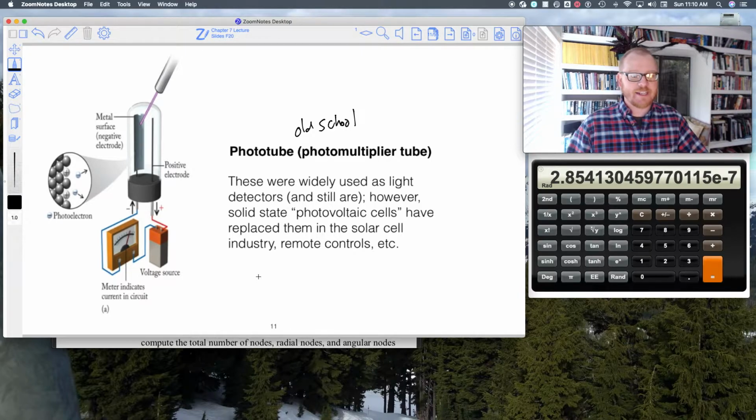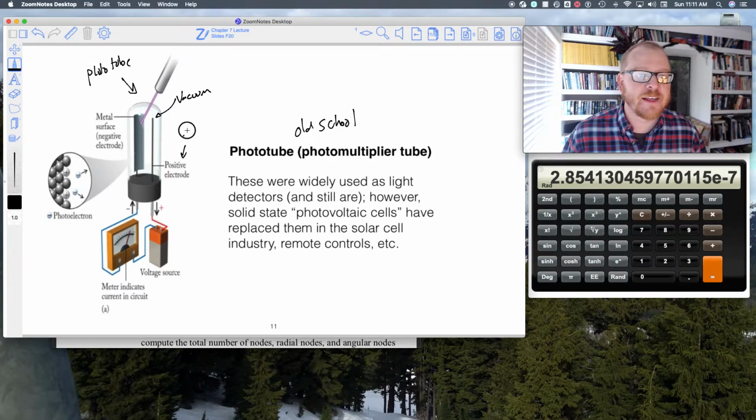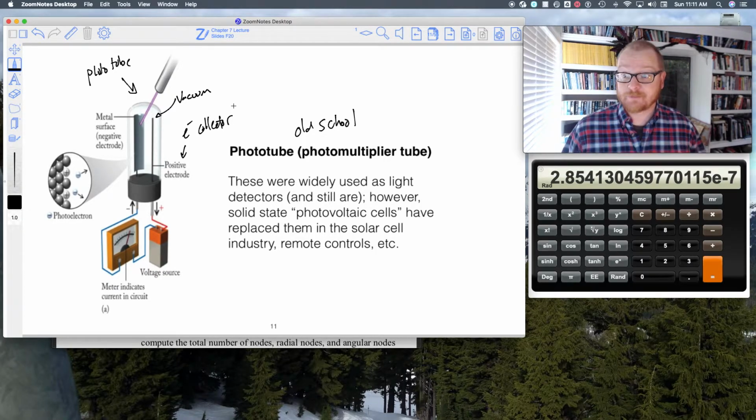And so the idea of these things is you can induce a current through light. So here is the phototube itself. It's an actual tube, and inside of it is a vacuum. So it's evacuated. And here what you have is this positive electrode, that's the electron collector.